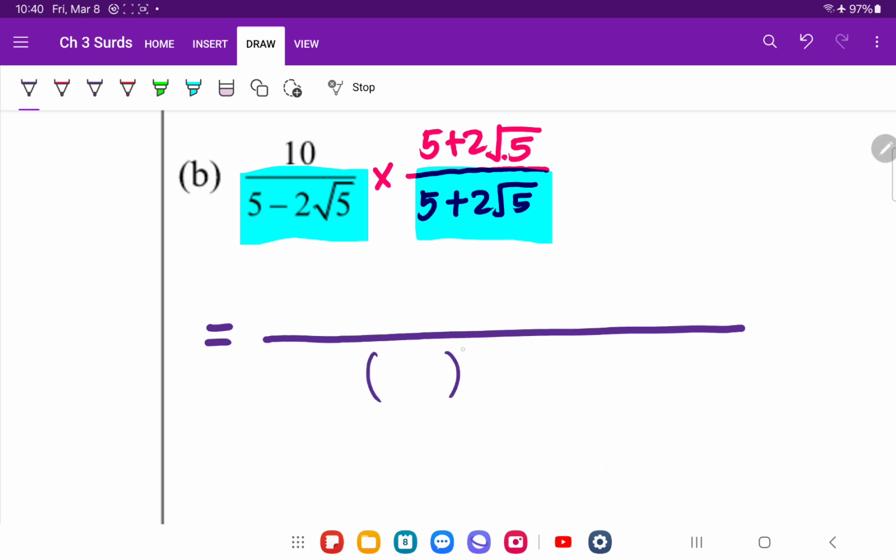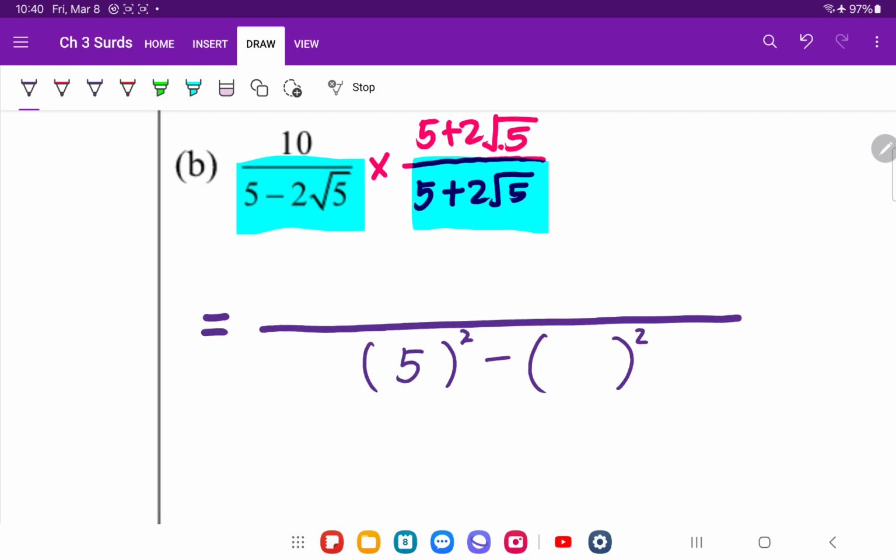Bracket, square, minus bracket, square. Tell me what is in the first bracket. 5 and then 2 square root 5. Now numerator, take the 10, go and multiply the 5 plus 2 square root 5, leave it in brackets first. Don't do too fast.